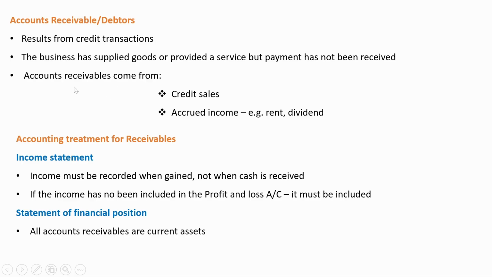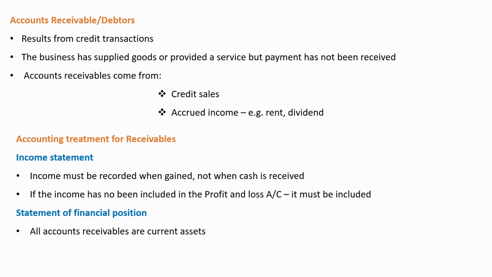We have two examples here. Accounts receivables come from, so the main source is credit sales, where you give goods to customers and then they promise to pay later. So those customers, we call them debtors or accounts receivable.